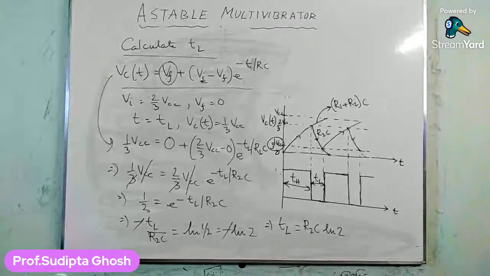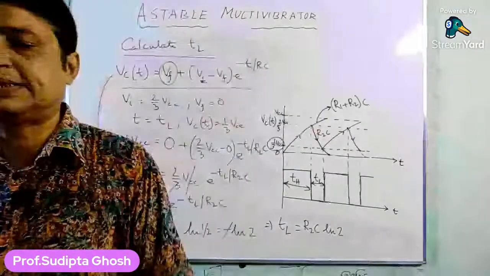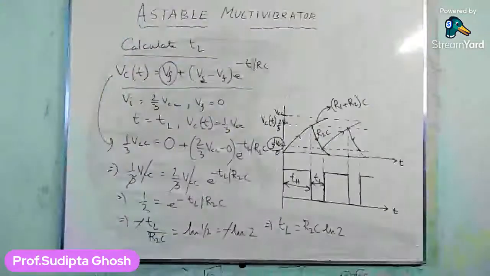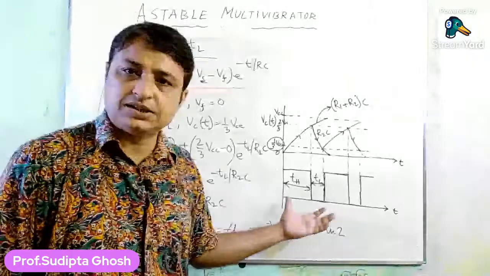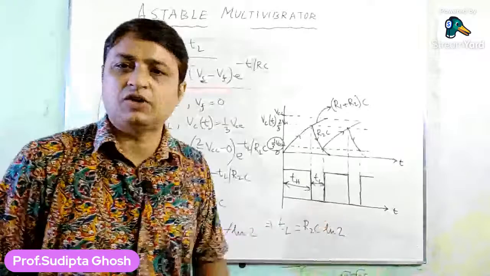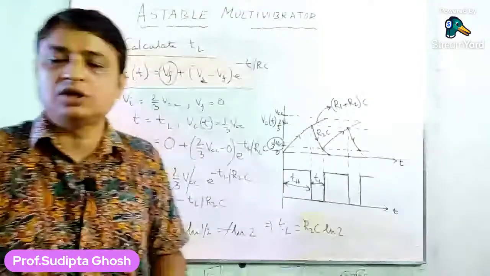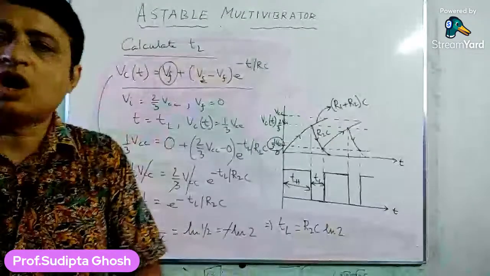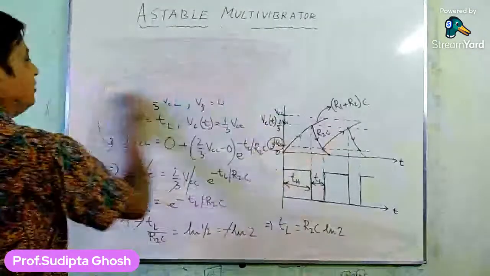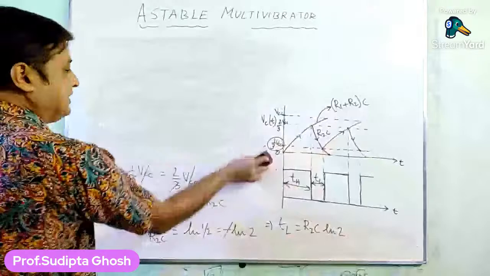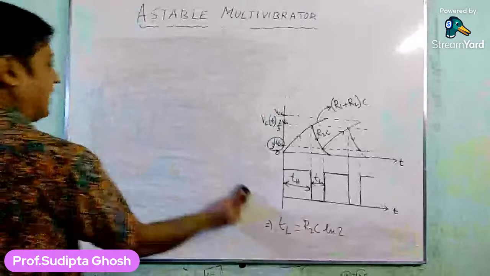Now we will move on to our final destination in this lecture: to find the time period of oscillation. We now have the values of TH as well as TL in hand, so by adding them we can find the total time period.